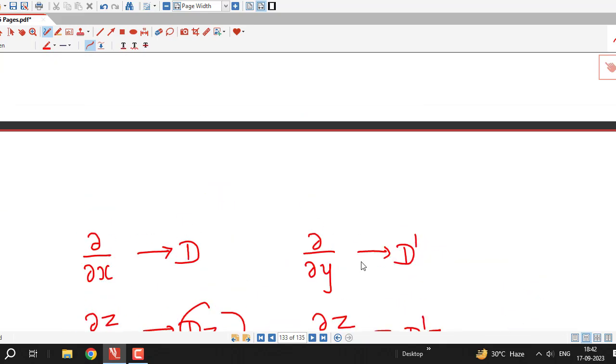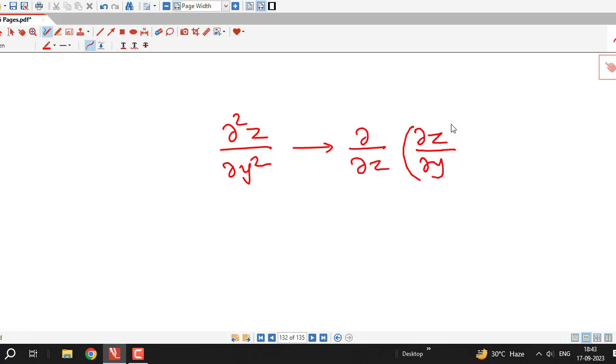Similarly, if I am interested in the notation for del square z by del y square, then for derivative with respect to y, we are using D dash. Del square z by del y square is del by del y of del z by del y, and this I can rewrite as: derivative is with respect to y 2 times. This is nothing but D dash z.